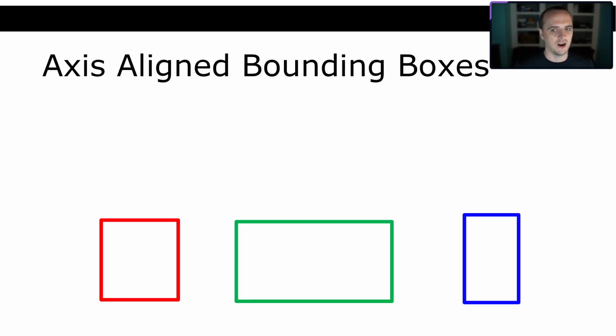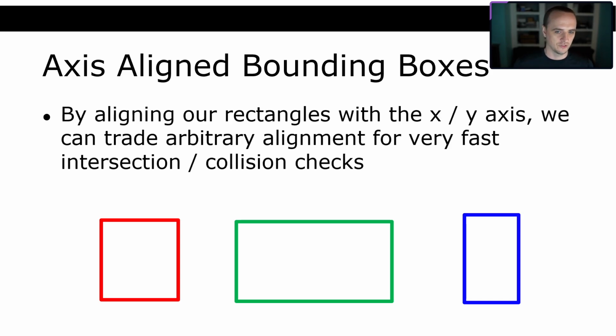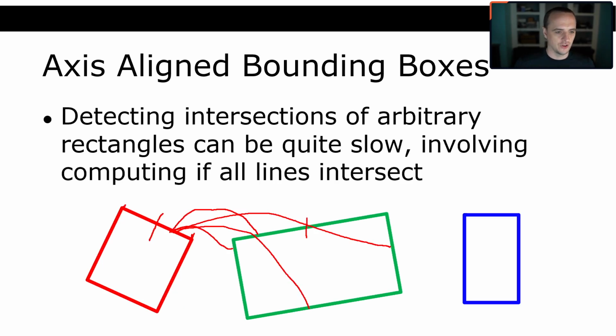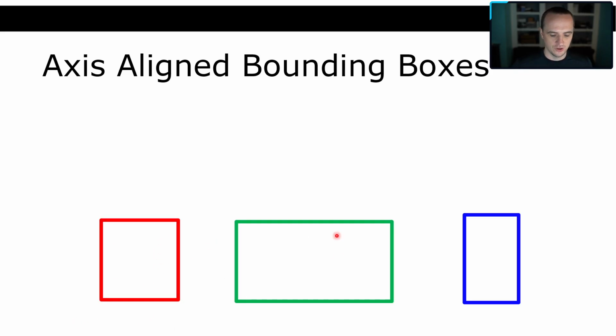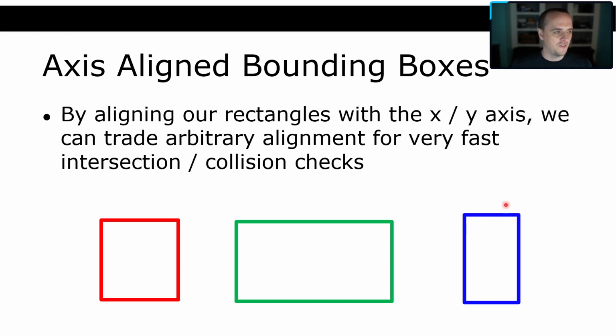So what game programmers realized was that by aligning our rectangles with the XY axis, we can trade the graphical power of arbitrary rotated rectangles for much, much faster intersection and collision checks.